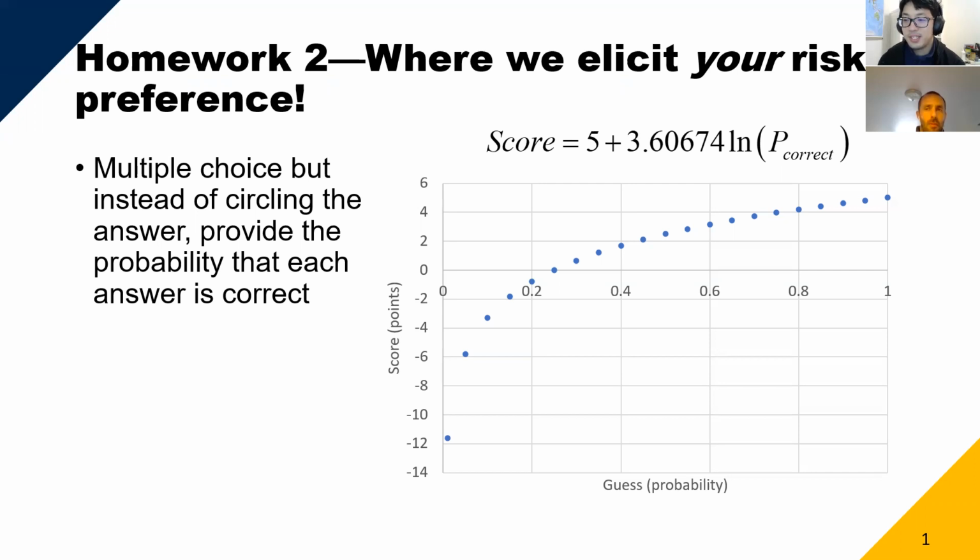The second homework is going to be multiple choice, but you don't select an answer, you assign a probability for each of the choices, and the probability will correspond to a certain type of score.